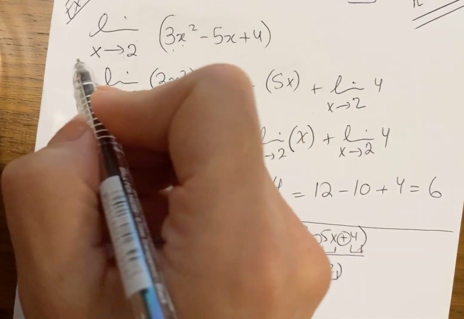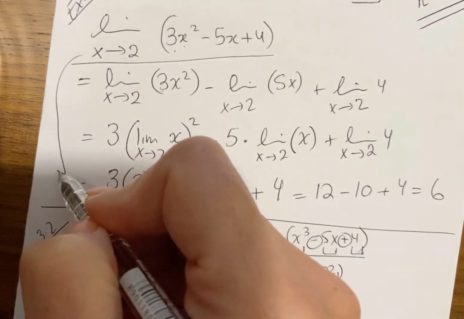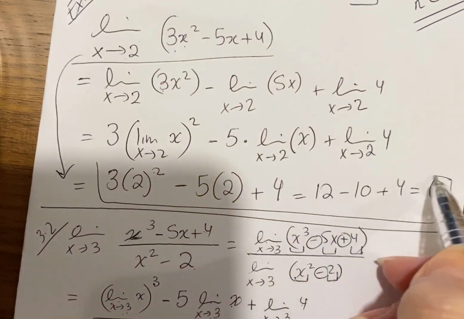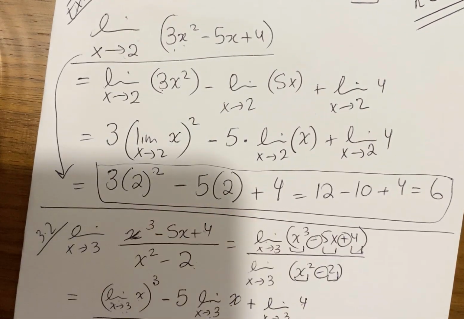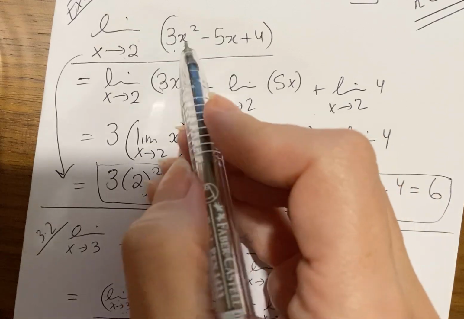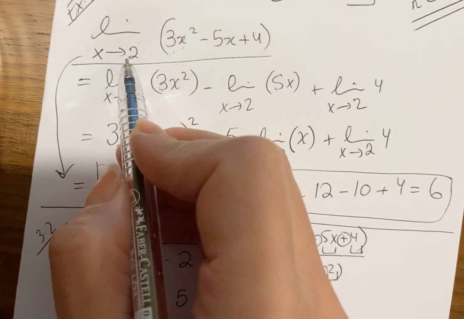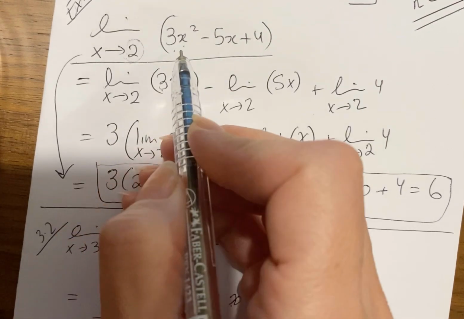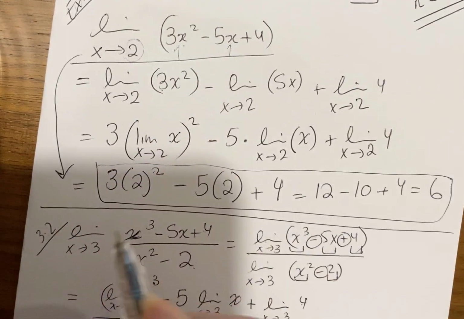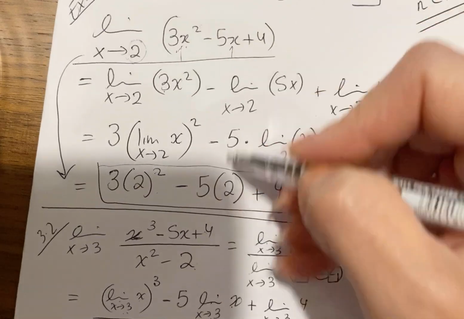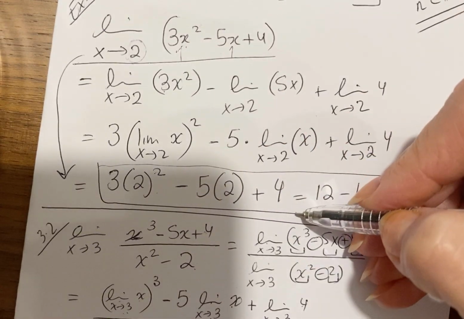So if you notice from the beginning, with all these multiple steps that I've done till we reached the end, they all showed me that what do I do in the end? What am I doing? I'm just taking the limit, and this is nothing but substituting 2 for x. 3 times 2 squared minus 5 times 2 plus 4.